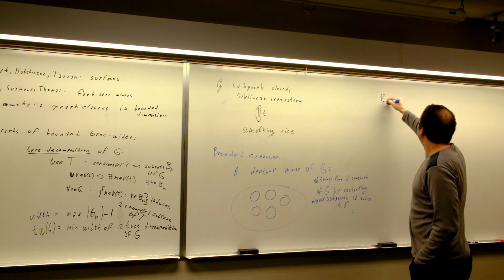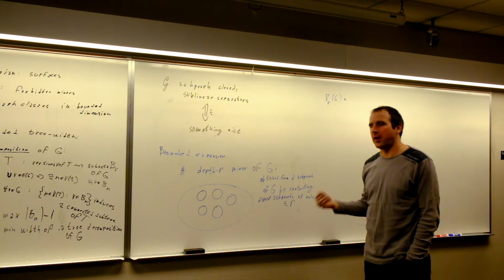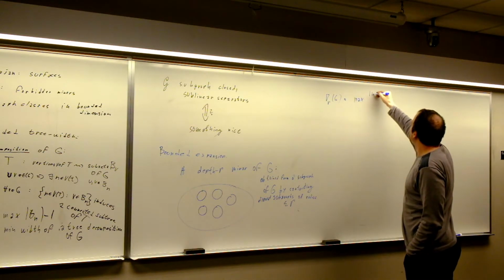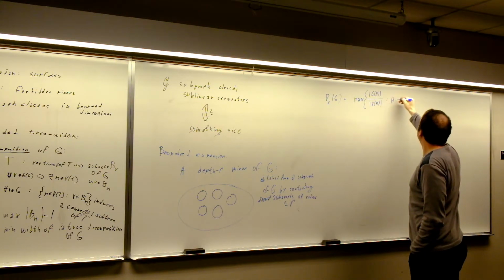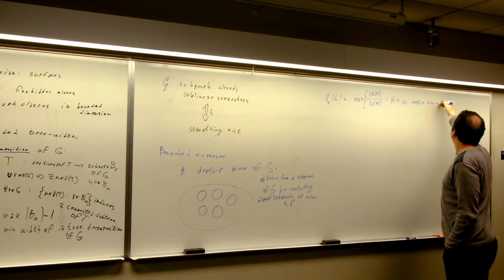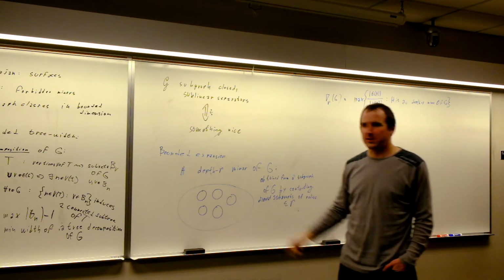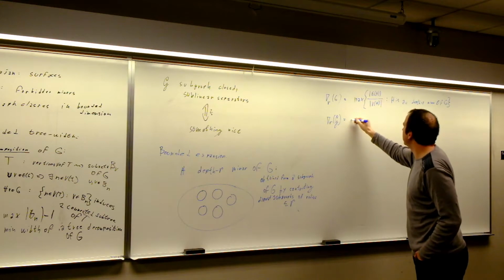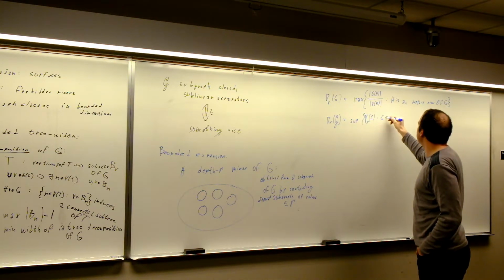And by nabla r of G, I will denote the maximum average degree, or average edge density, of a depth r minor of G. And given a class script G of graphs, I will also define nabla r for this class as the supremum of nabla r of G over the graphs in this class.